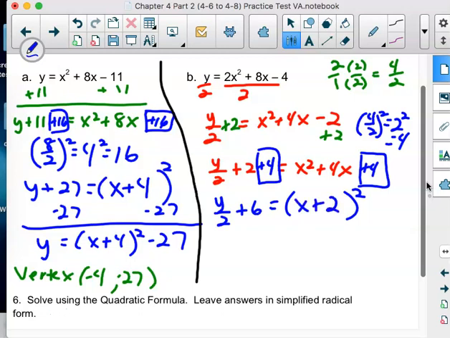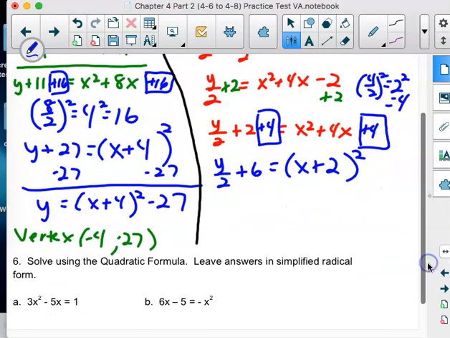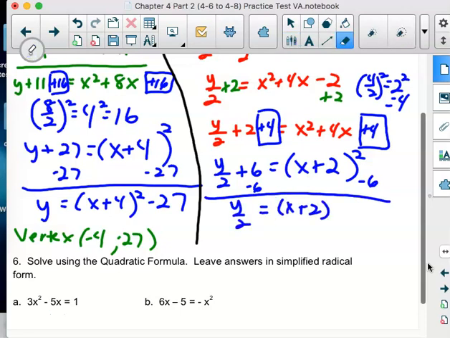And now all we have to do is move the numbers from the left side back over to the right side. So what's going to go first? Yep, subtract 6 from both sides. We already know we can't put that in the parentheses. And now how do you get rid of dividing by 2?